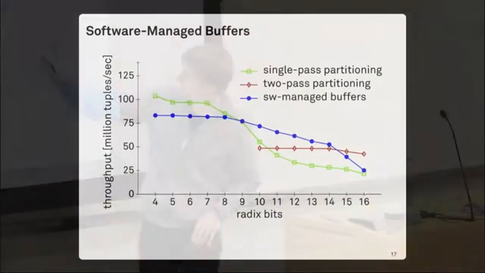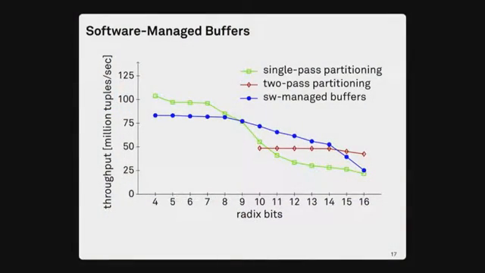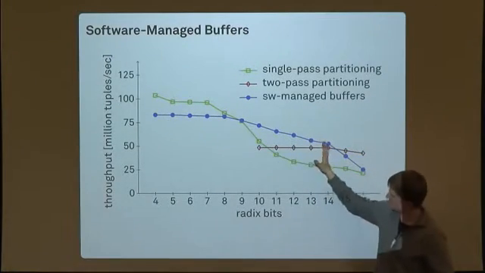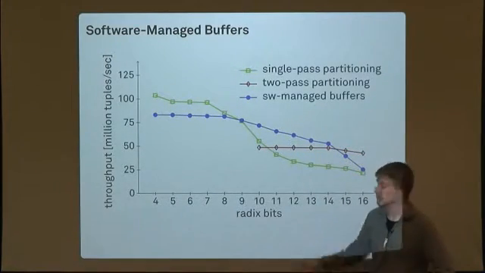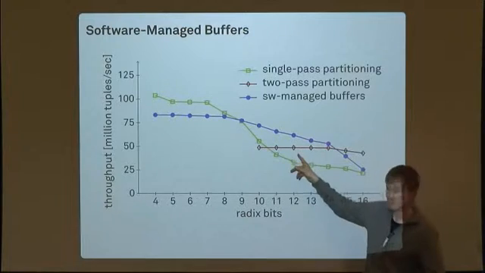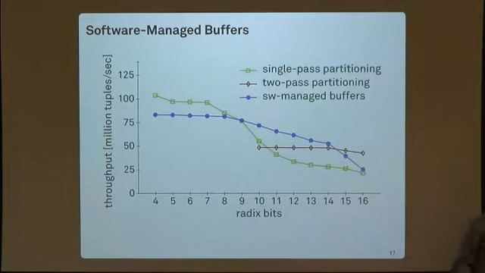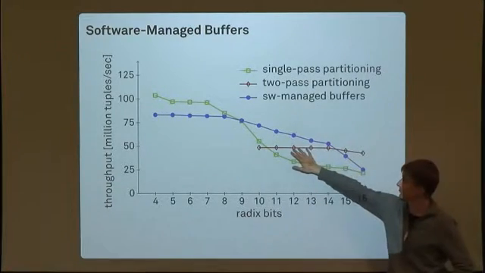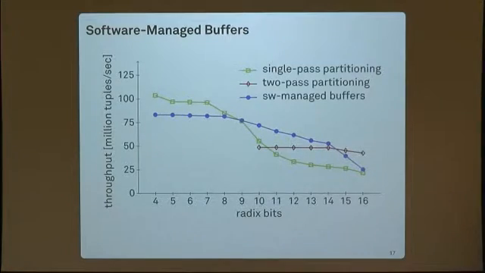So actually, we'll soon see a bunch of experiments, right? Once you do this, it turns out that with a single pass, you can actually, over quite an interesting range of partitioning fanouts, do even better than with radix partitioning, which up until now has always been considered the strategy of choice.